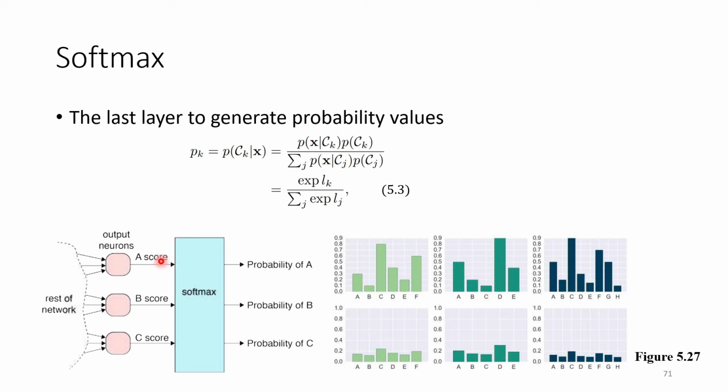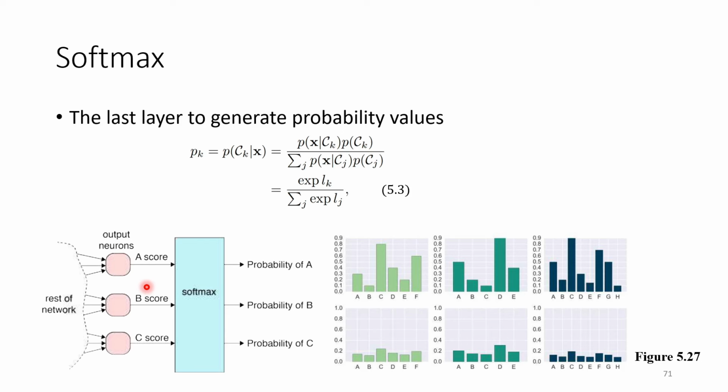If it is the last layer of the neural network, then for the A score, B score, and C score, once we have the scores, we will use the softmax layer to generate the probability of class A, class B, and class C. Okay, so let's look at the softmax mathematical expression again. The l_k are the A score, B score, C score.